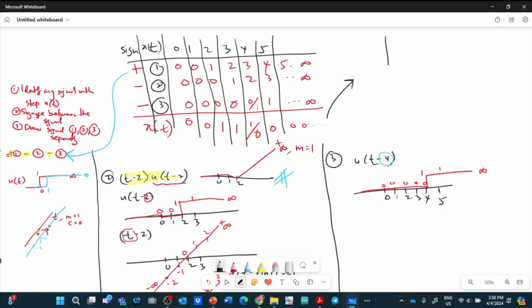Plot x(t): 0, 1, 2, 3, 4, 5 on the t axis. This is x(t). Plot based on the table. At t equal to 0 it is 0. At t equal to 1, 0. At t equal to 3, 1. At t equal to 4, there is 1 and 0. At t equal to 5, 0.